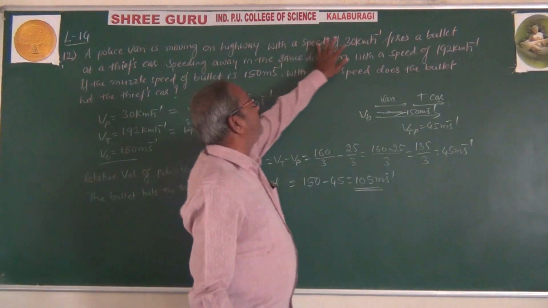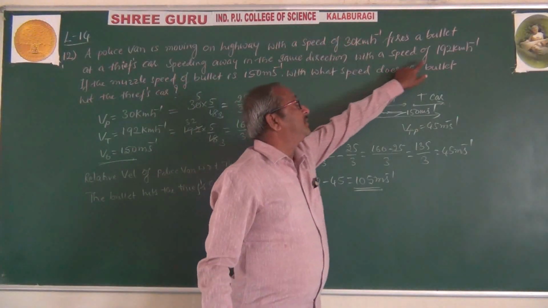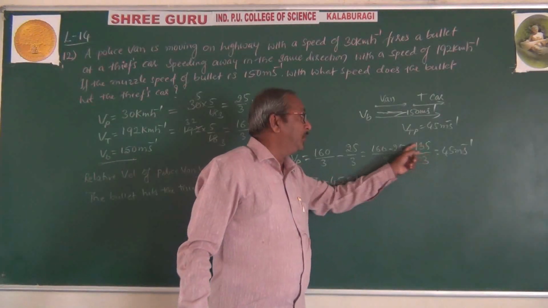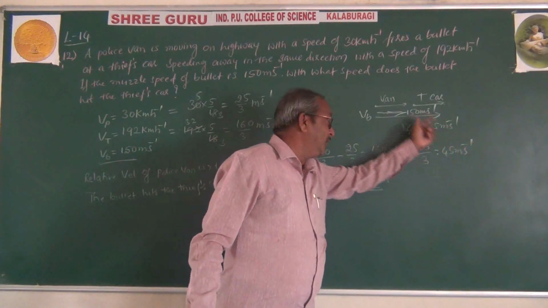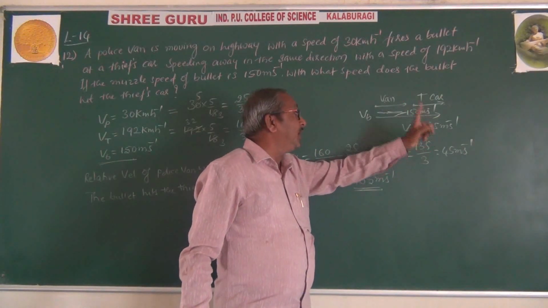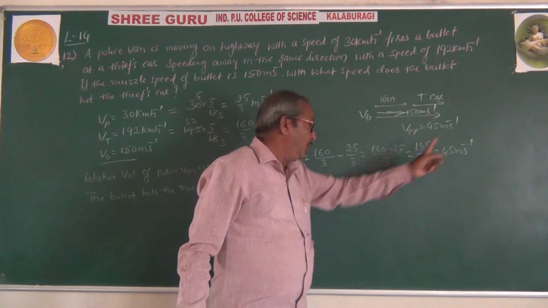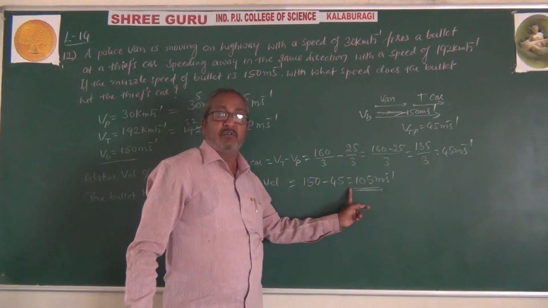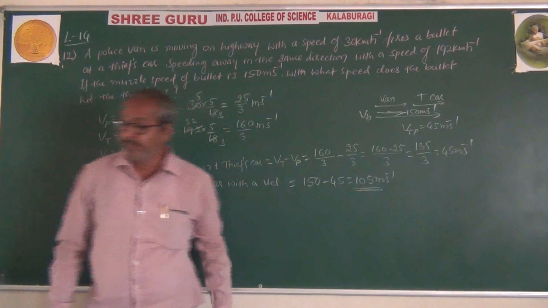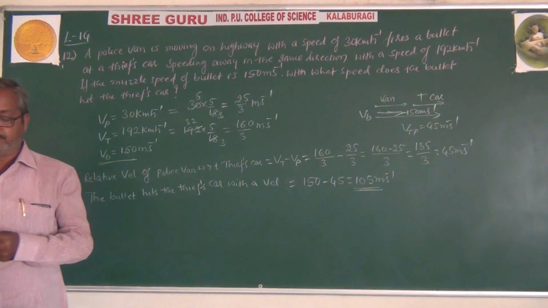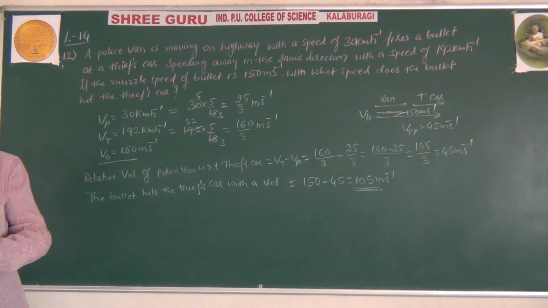The relative speed of this police van and thief's car we got as 45 meters per second, and the bullet is also moving in the same direction with a speed of 150 meters per second. So this bullet hits the thief's car with a speed of 150 minus 45, which is equal to 105 meters per second. So this is one of the questions.